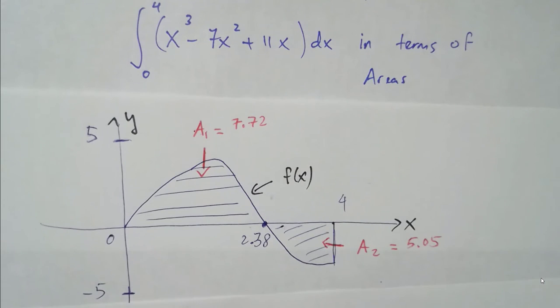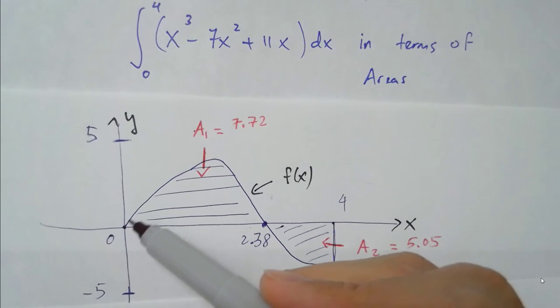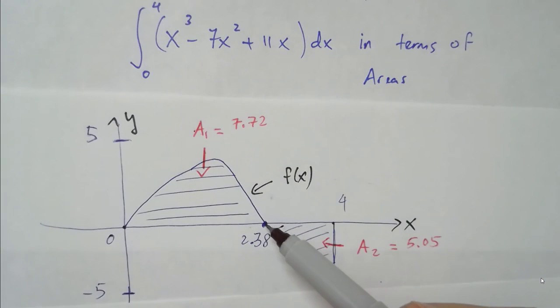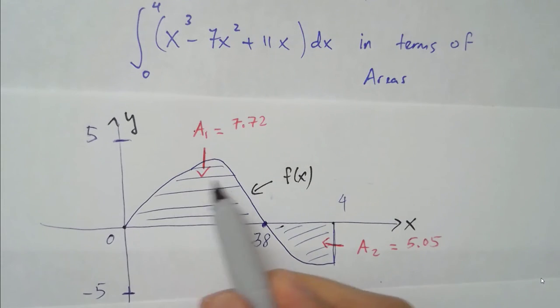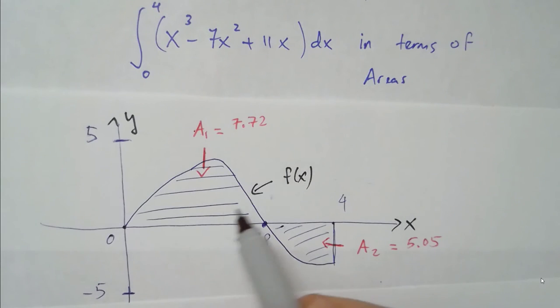We zoom in from the point 0 on the x-axis until the point 4. We see that the curve moves upward, then goes to 0 here, and then goes into the negative portion of the y-axis. Therefore, we have two shaded areas: one is above the x-axis, one is below the x-axis.